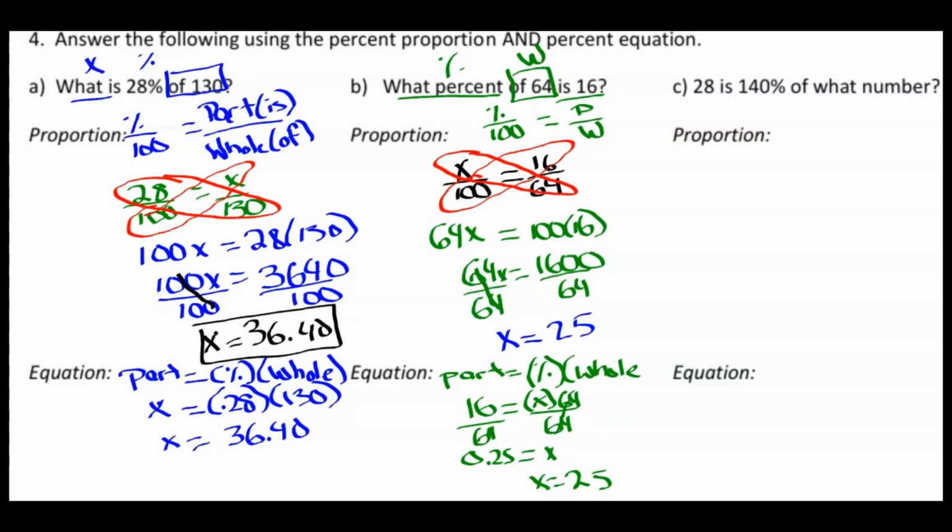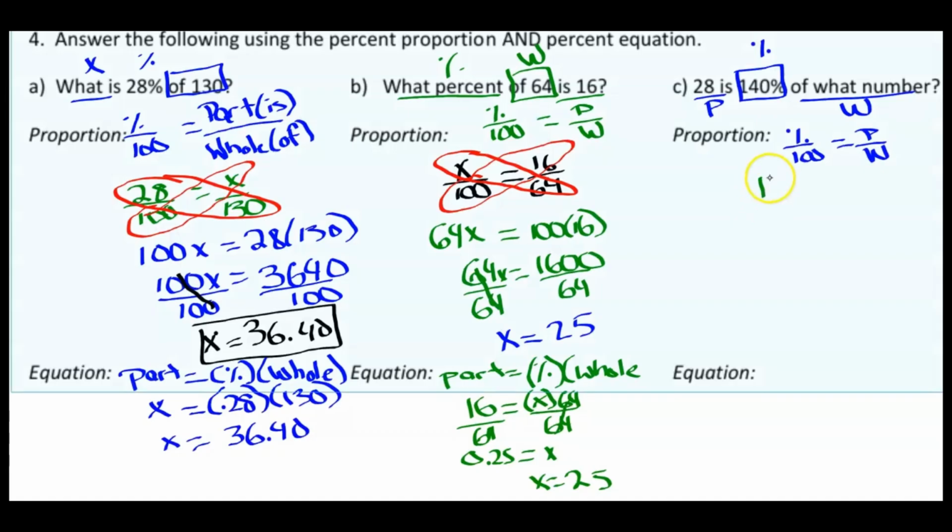It says 28 is 140% of what number? 28 represents my part. My percent is 140, and of what number represents our whole. So let's substitute. We have 140 over 100, because 140 was our percent. Our part is 28, and we don't know what it is out of, so that's going to be our x value.